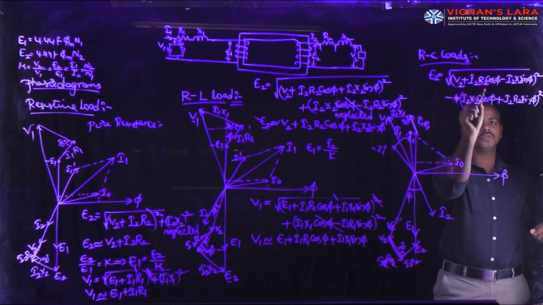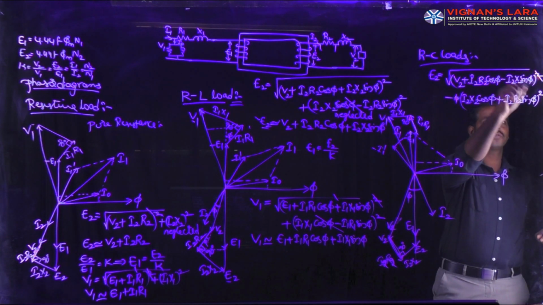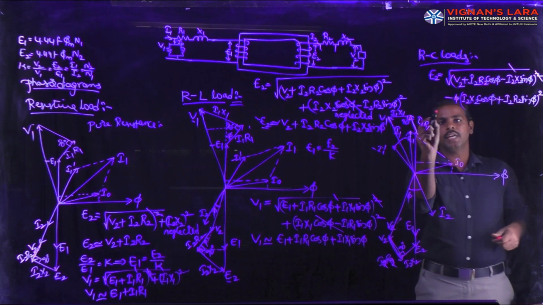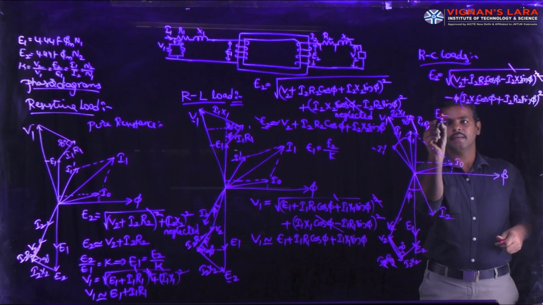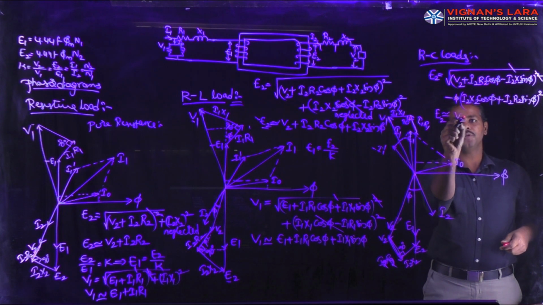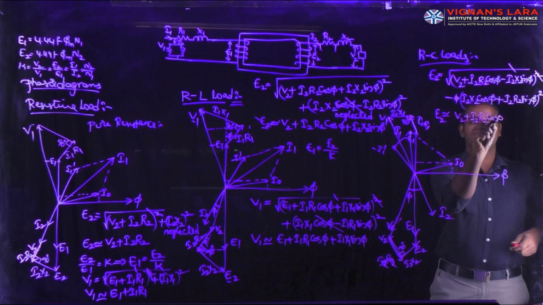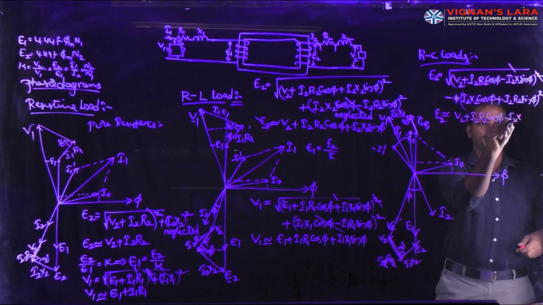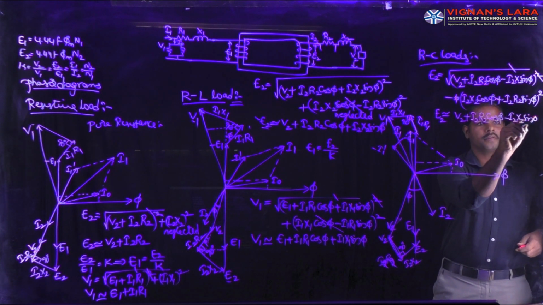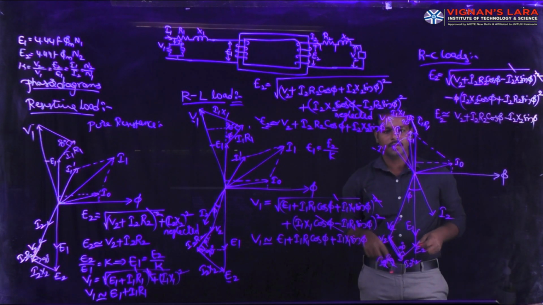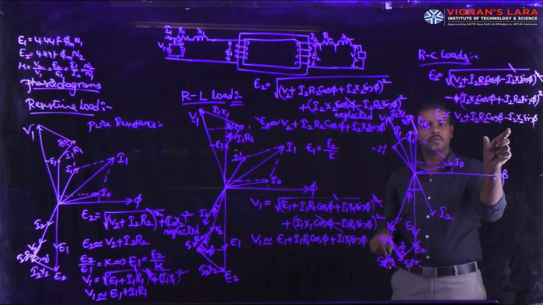The magnitude is very, very small, so the square and root get cancelled. So E2 is approximately equal to V2 plus I2 R2 cos phi minus I2 X2 sin phi. So this is the voltage equation.